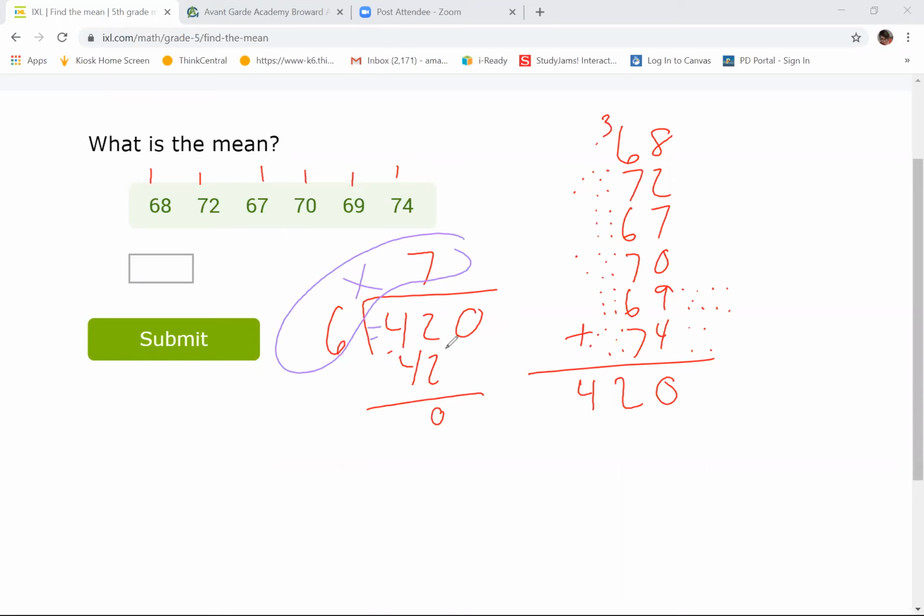Does 6 times 7 equal 420? No. That's how we know there's supposed to be a 0 there. Is there 70 times 6? Let's see. 6 times 0 is 0. 6 times 7 is 42. Yes. That's how I know my answer is 70. That's the mean. That's the average.